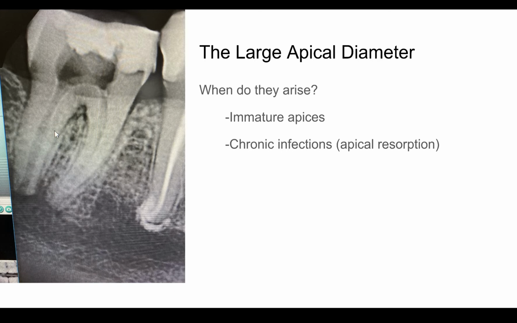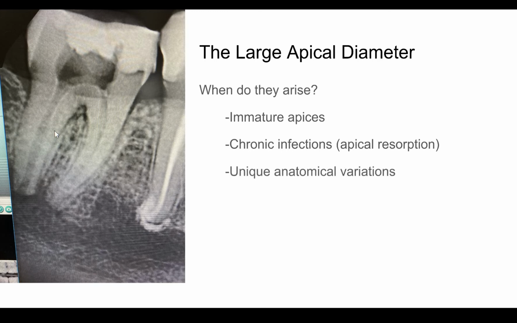The apical diameter increases because the canal is also conical shaped, meaning the tip of the conical shape of the canal is more narrow than the coronal sections. So as we get more and more coronal migration of the root tip, we much of the time get an increase in the diameter of the apical foramen.